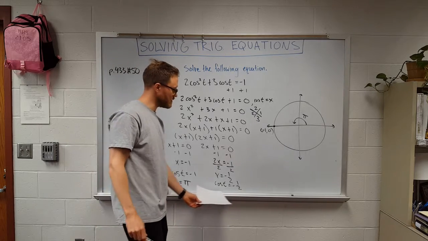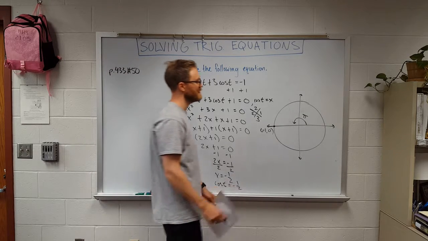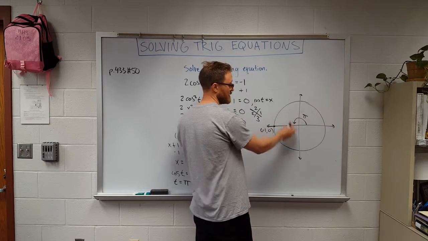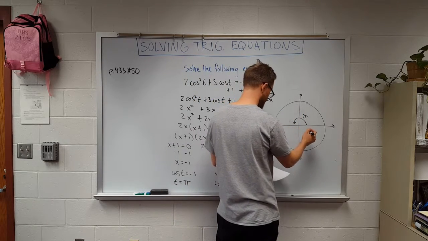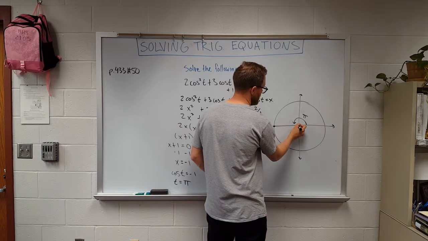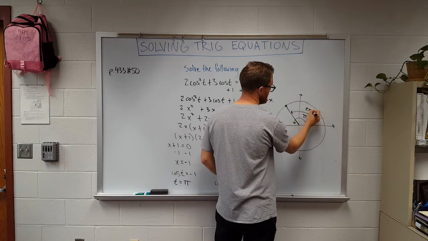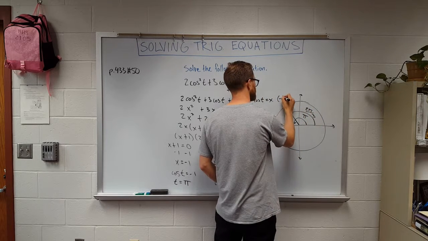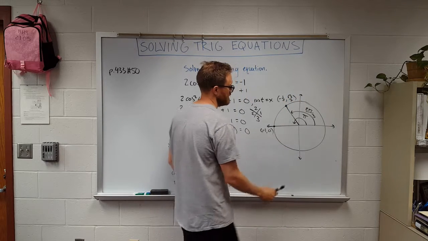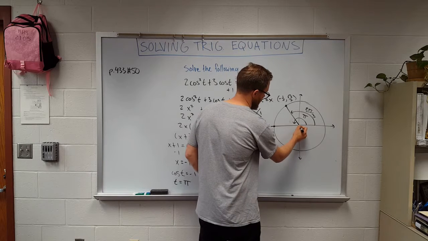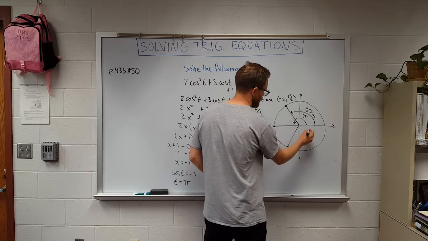And now we've got to deal with the other one. So cosine of t equals -1/2. That occurs in the second quadrant, or we get a negative value in the second quadrant and the third quadrant. So the first one occurs at 2 pi over 3. The coordinates of this are -1/2 and √3 over 2. Right? And then the other one occurs at 4 pi over 3.